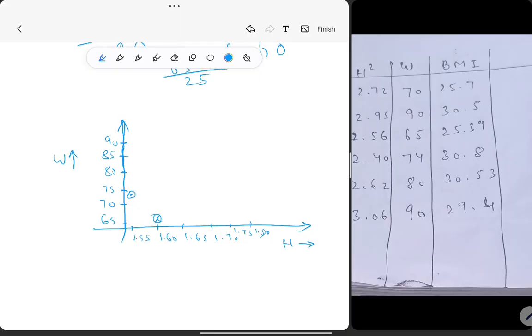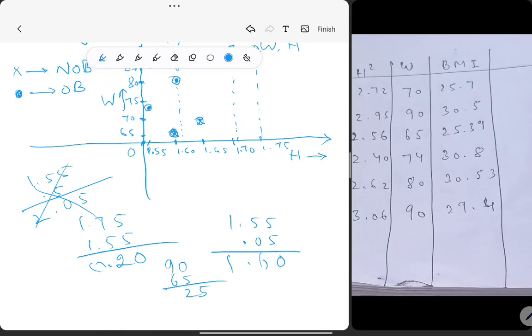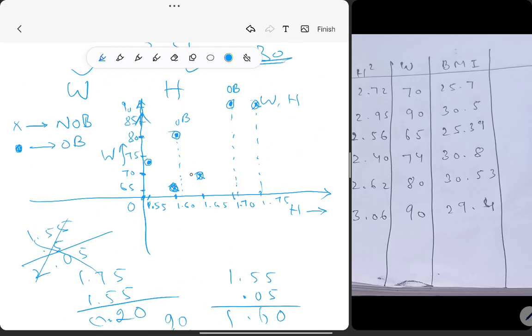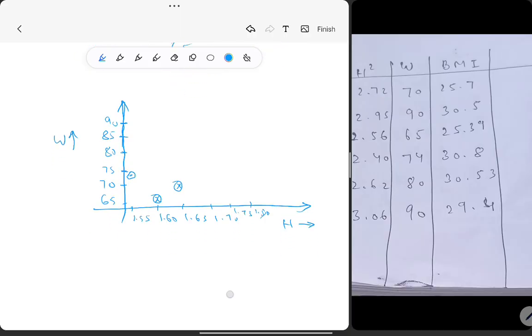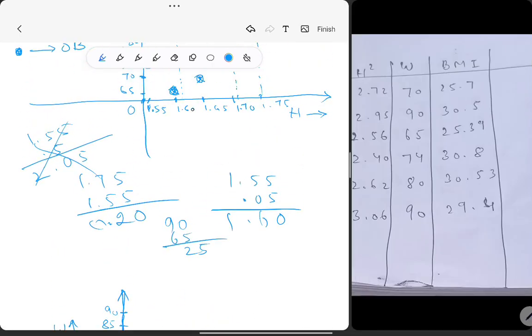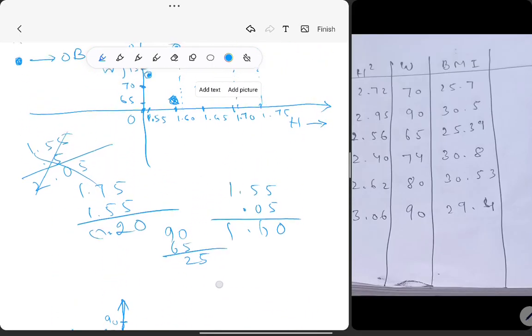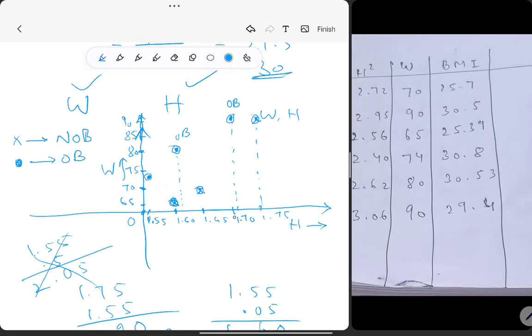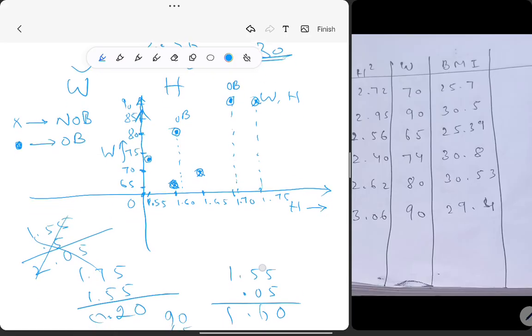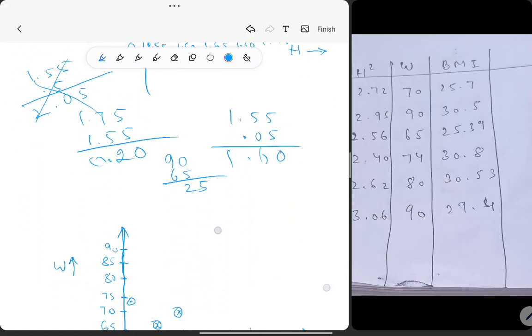Then 1.65, and it is near 70. That is this cross, non-obese. Then 1.70, there is no one. 1.72 is obese.